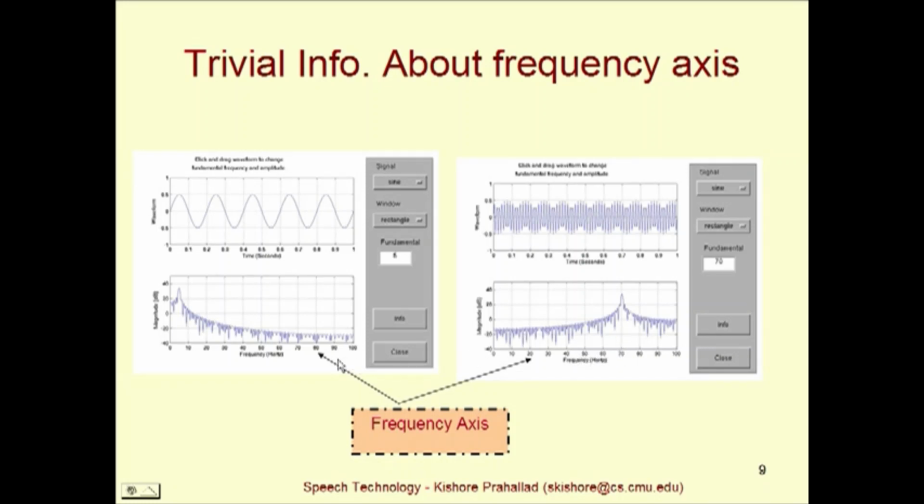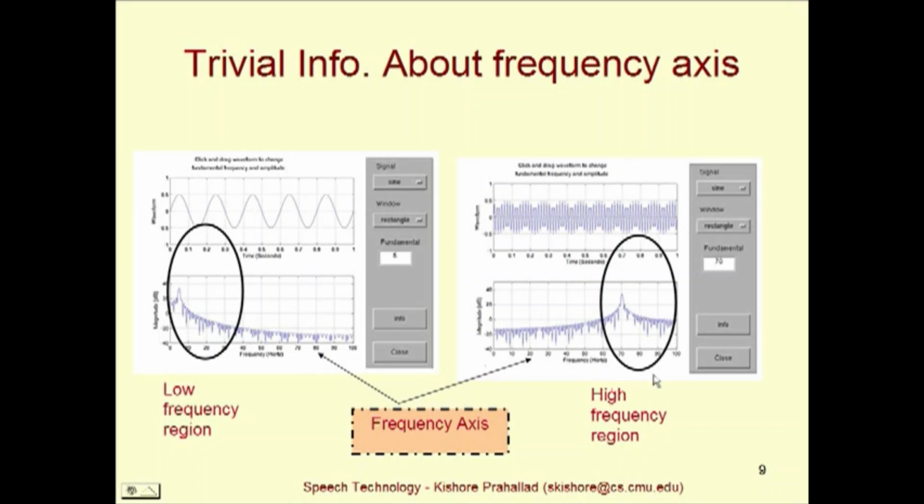So this is the frequency axis, which is denoted by these 2 arrows here. On this frequency axis, the initial portion is called the low frequency region, and as you go further along the frequency axis, they are called higher frequency components or the higher frequency region. So what is the significance of it?